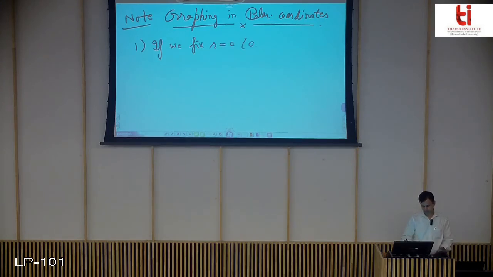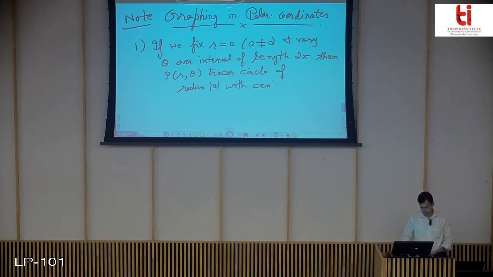If r equals a and we vary theta over an interval of length 2 pi, then P(r, theta) traces a circle of radius a with center O. So if you have simply been given r equals 2, it means theta, unless or until specified, can take any value.